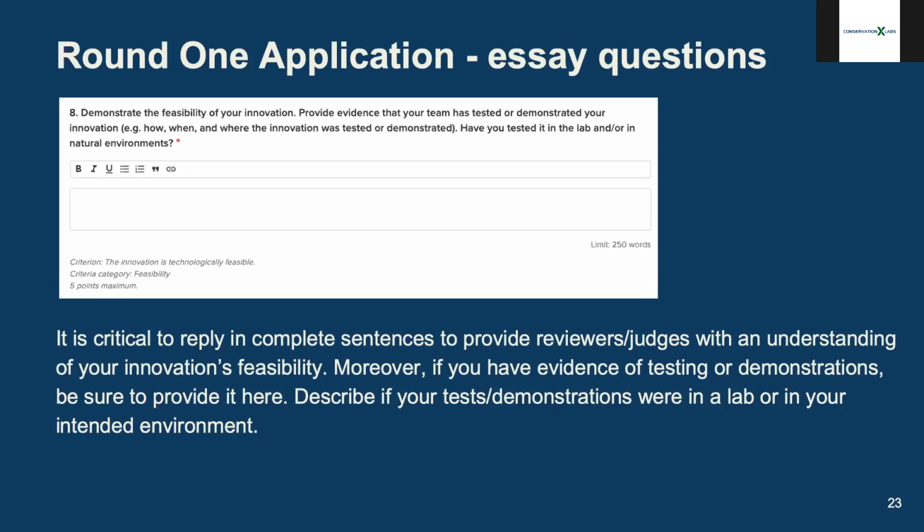Again, it's an essay question, so you just have to describe through a narrative. You're not able to upload any kind of findings here, but for example, if you have something published in a journal, or if there's a link to a publication, you could include that here as evidence of something that you've done.